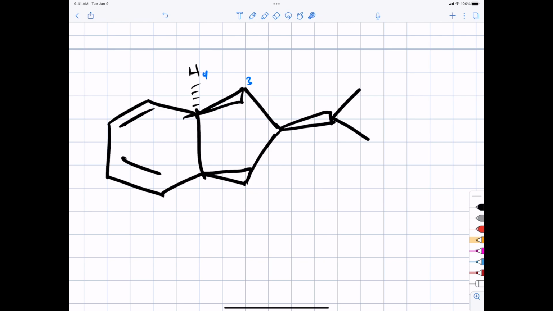Okay, so there's your molecule. I'm going to circle this. We're going to come here, structure, convert structure to name.